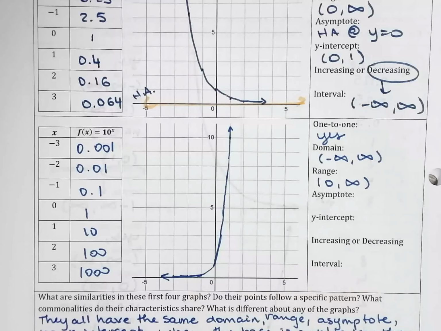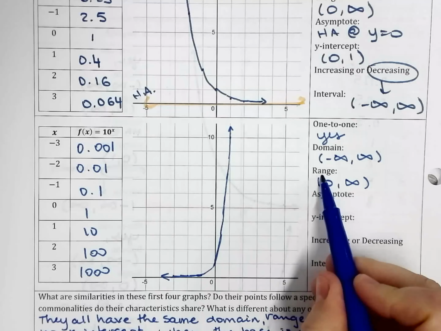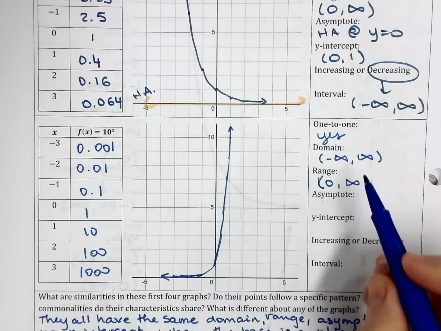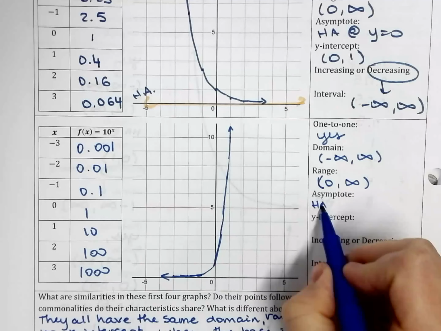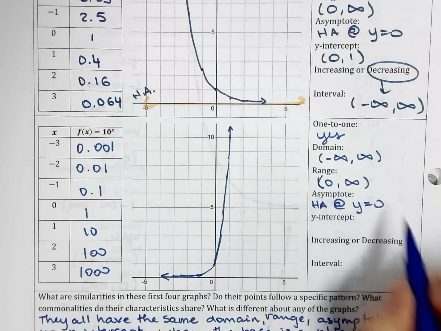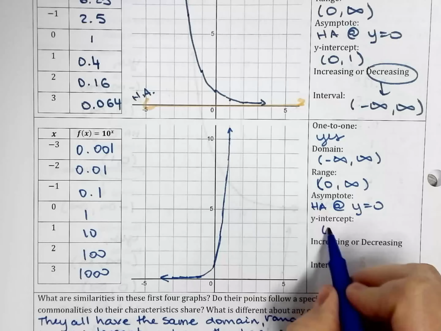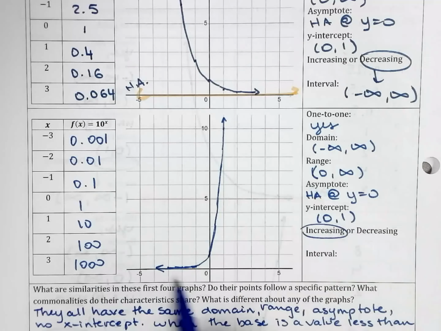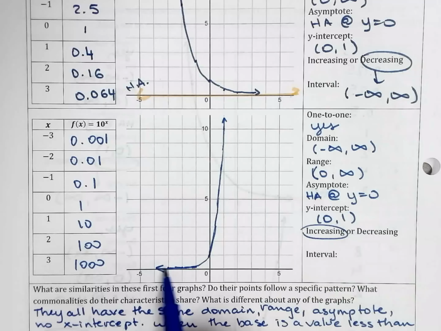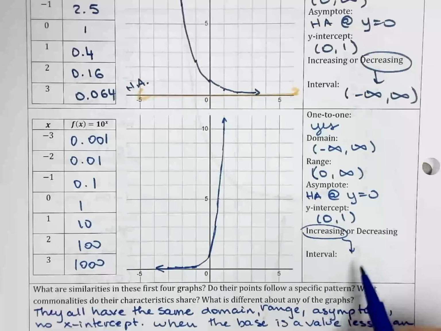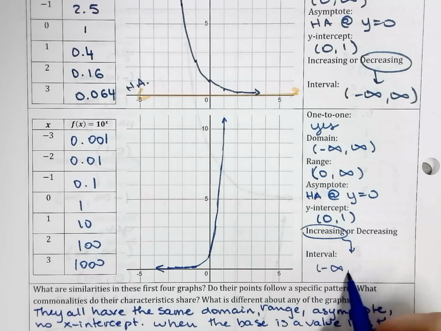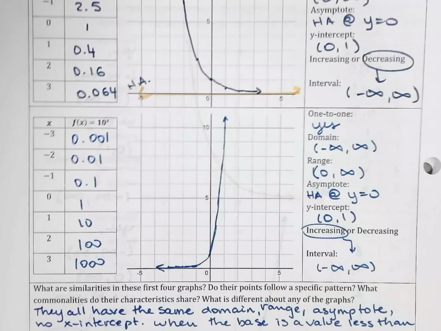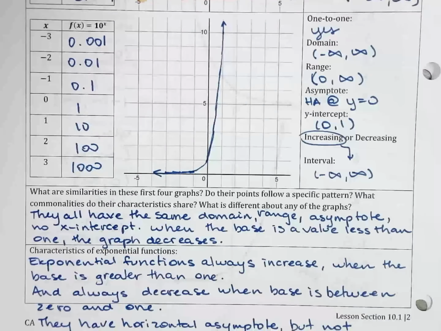Range, it's between 0 and positive infinity, excluding 0 right there. Horizontal asymptote at y equals 0. Y-intercept at (0, 1). Increasing, yes, so it's increasing from left to right. Where? Everywhere. So from negative infinity to positive infinity.